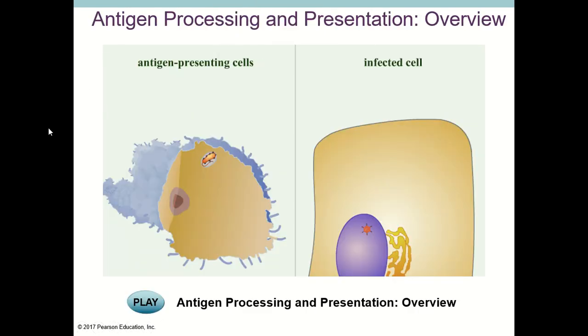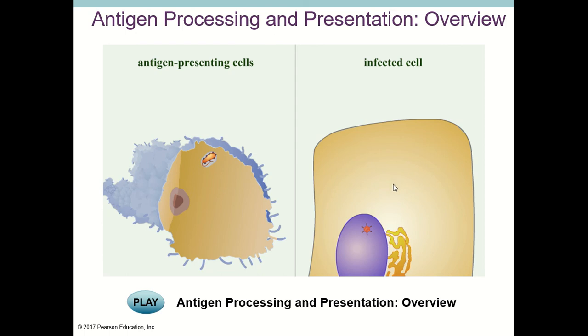Alrighty, so antigen presenting cells or dendritic cells are meant to recognize infected cells. And then infected cells' job is to tell APCs, tell antigen presenting cells, that they are infected. Because without these infected cells telling APCs that they're infected, it's pretty hard for APCs to identify what cells are infected.